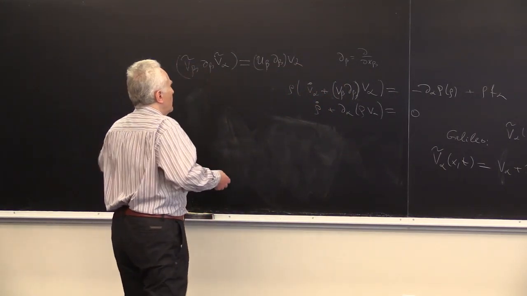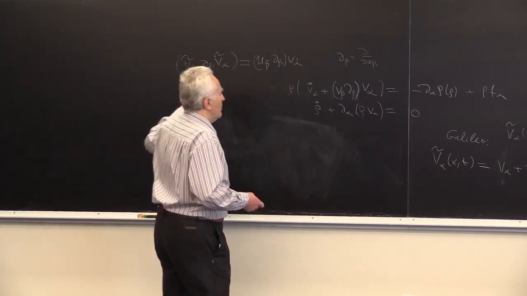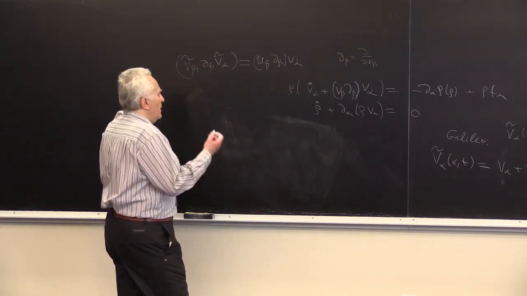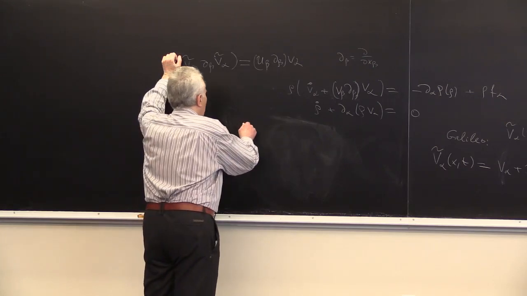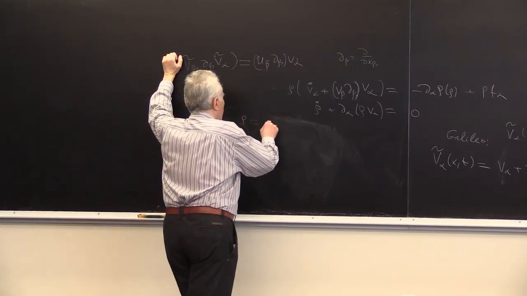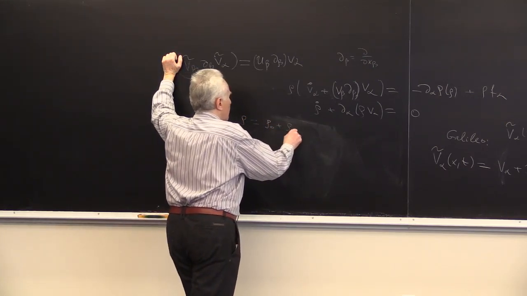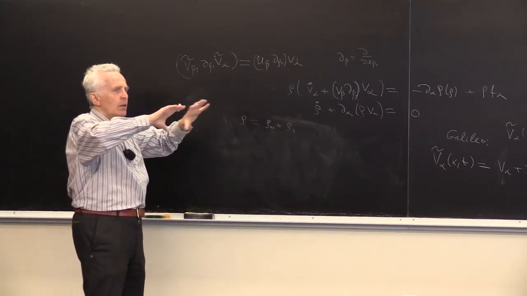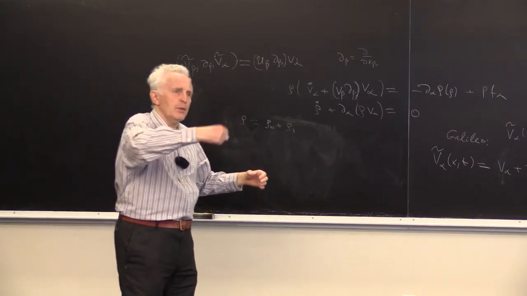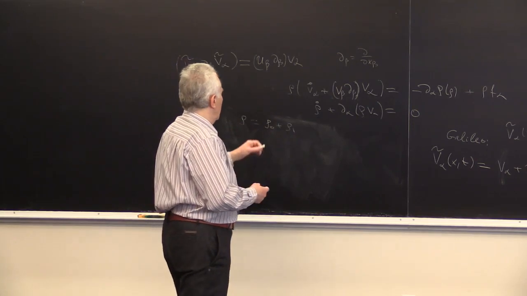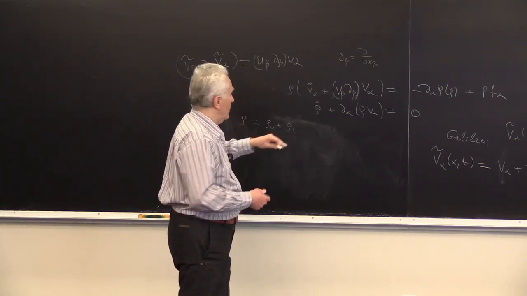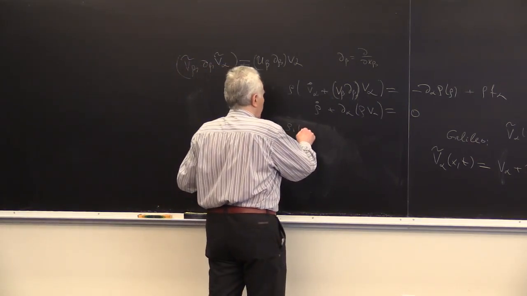The problem was that we looked at the linear approximation. One interesting problem: we wrote down rho as rho 0 plus rho 1. So we imagine a gas which is homogeneous, and then we perturb it a little bit. Rho 0 is a constant, and rho 1 depends on x and t.